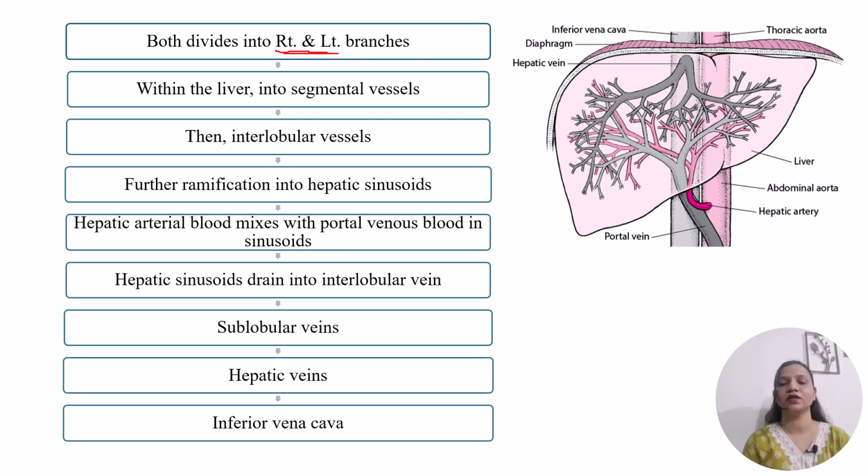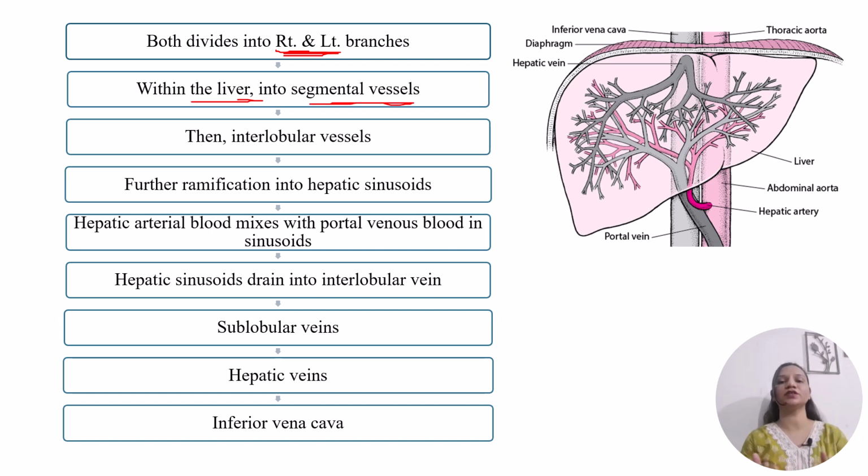Both of these, that is hepatic artery and portal vein, divide into the right and left branches, and then within the liver there are the lobes. We know the right and left lobes. So first they divide into the right and left branches, then within the liver they divide into the segmental vessels.